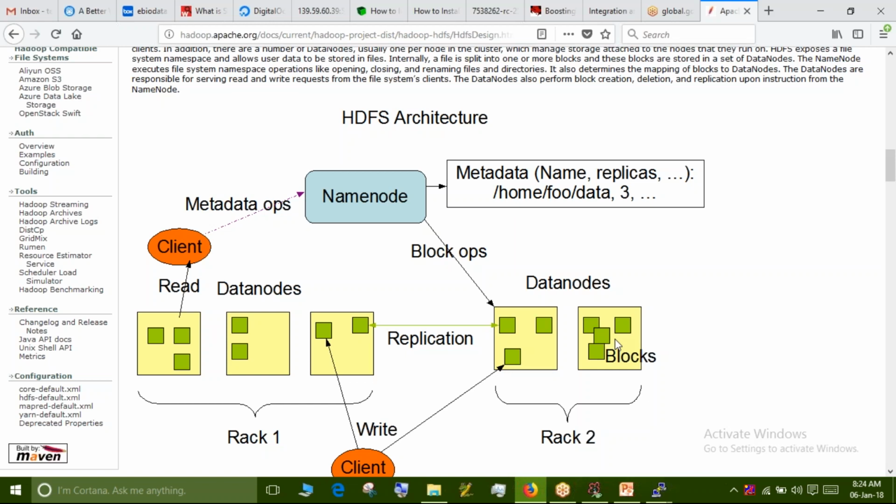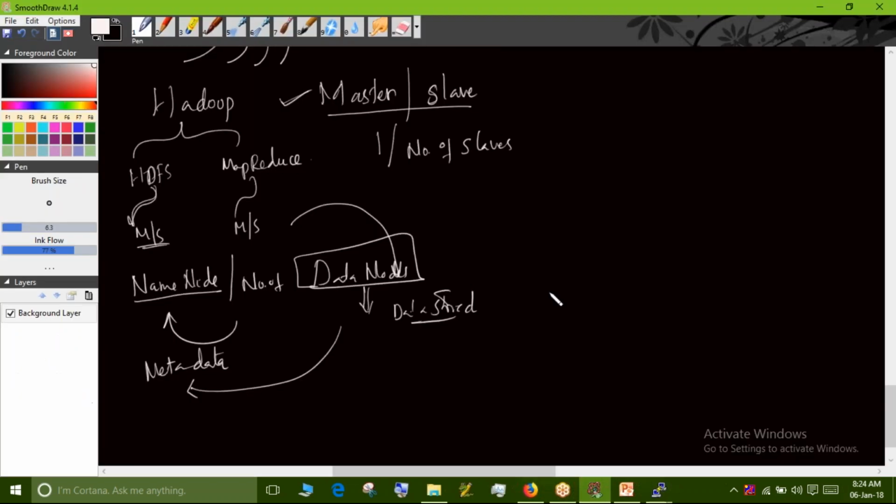Block architecture is the consistent and common feature that you see in every operating system or file system. The only thing is, when it comes to HDFS, we call it a higher level of block abstraction.